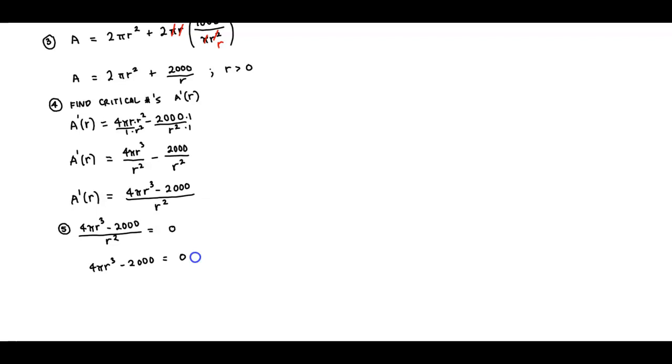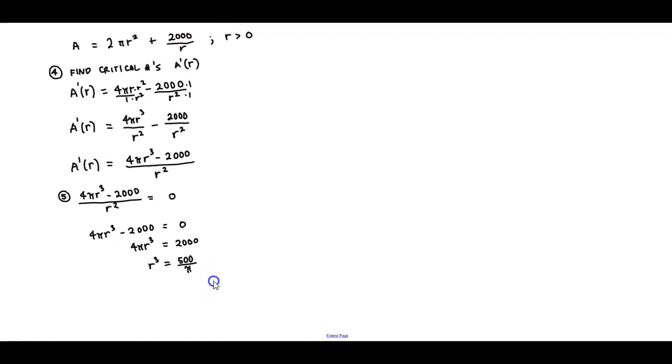If we add 2000 to both sides, we get 4 pi r cubed equals 2000. If we divide by 4 pi, then r cubed equals 500 divided by pi. And so if we take the cube root of both sides, r equals the cube root of 500 over pi.